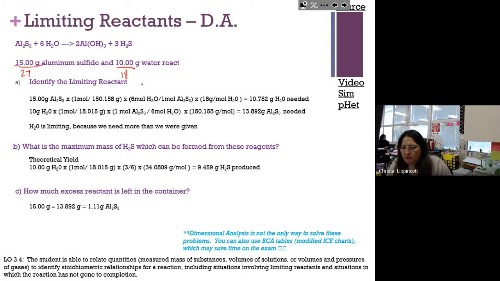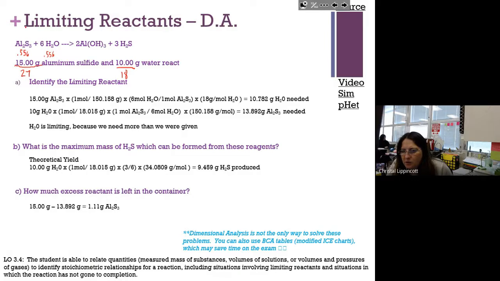So 10 divided by 18, 15 divided by 27 is 0.556. And then 10 divided by 18 is, oh, that's the same, 0.556. Now, to go up, remember we go up into the cloud, we divide by this.